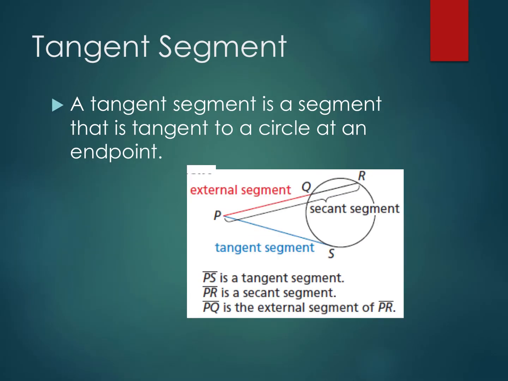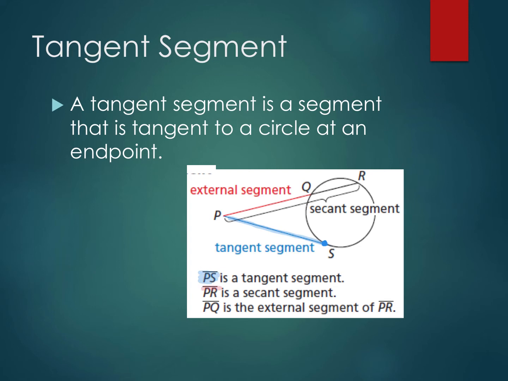So this is the definition of a tangent segment. A tangent segment is a segment that is tangent to a circle at an endpoint. So the examples here in this picture, the blue line, this is the tangent segment. Again, notice it's hitting the circle at only one point. So PS is a tangent segment.